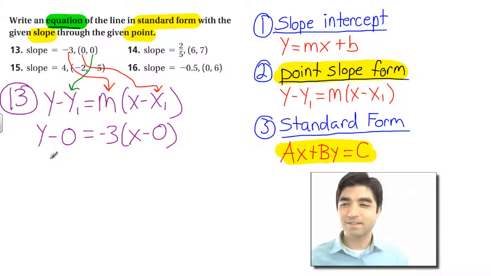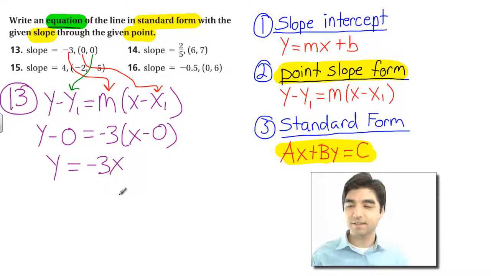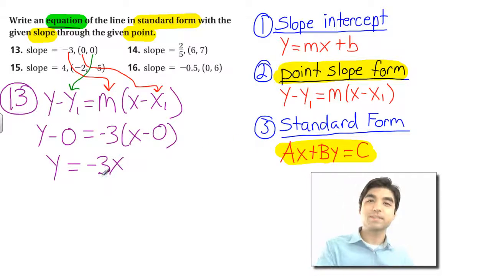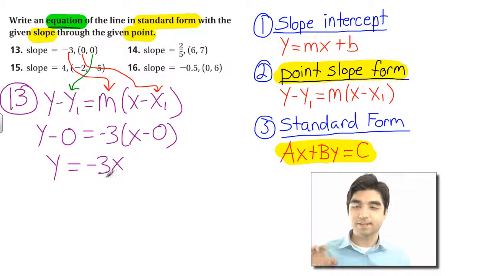So y minus 0, that just equals y. And then we have x minus 0, which equals x. So we have -3 times x, which equals -3x. Okay, so we have our general form here, but then we need to put it in standard form. So that means we need to get the x and the y on the same side.